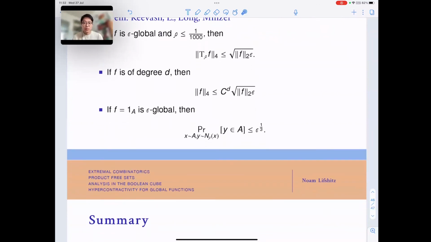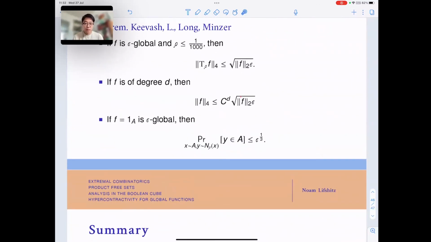And it turns out that these notions give you small set expansion once epsilon is non-trivial. So if you want to say that the probability of returning to a small global set is small, all you need is epsilon globalness for epsilon which is little o of 1.